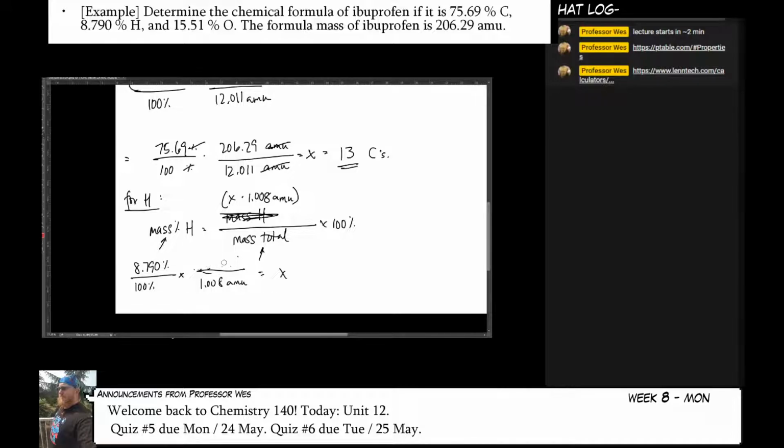The total mass is the same as it was before. That's 206.29. And so that's going to tell me the number of hydrogens that are in here. And I get 17.99 hydrogens. That's close enough to 18.